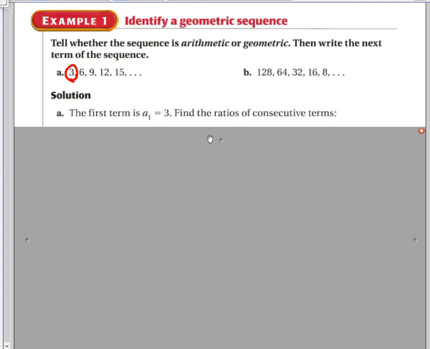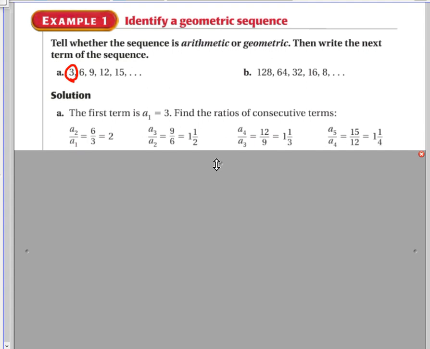We can do this a couple of different ways. We can divide 6 by 3, 9 by 6, and 12 by 9 and see if it is consistent as we go through. 6 divided by 3 is 2. Our hope would be that 9 divided by 6 would also equal 2, but it does not. It equals 1 1/2.